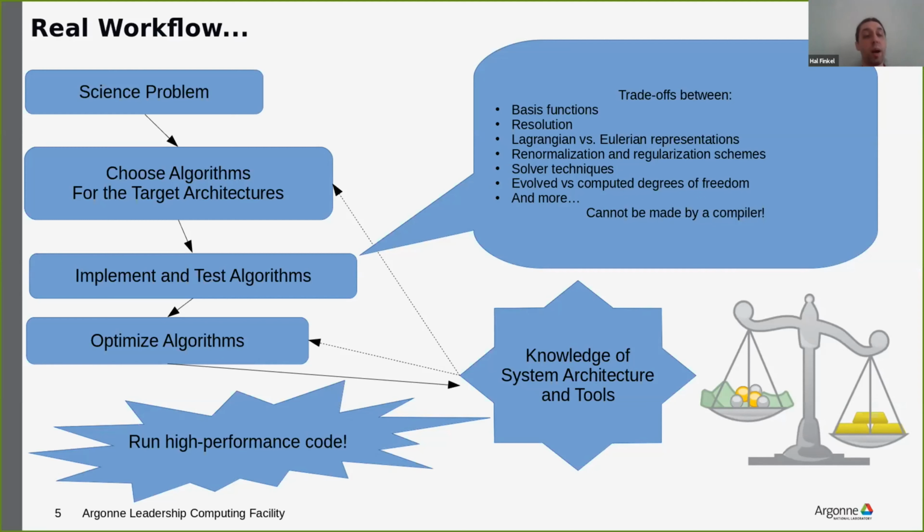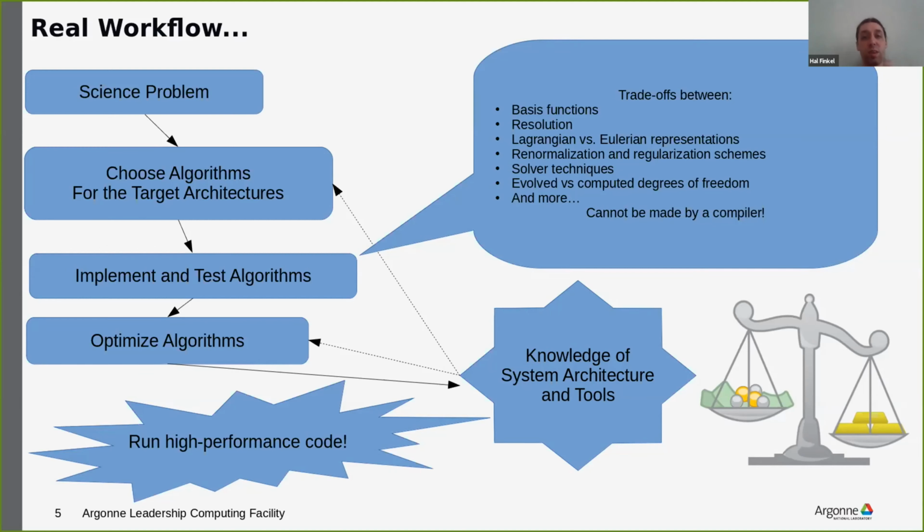As we look at how we design applications, there are trade-offs between things like representations and regularization schemes, solver techniques, which degrees of freedom in your problem are computed versus evolved, and so on. These are choices that have to be made at a very high level.